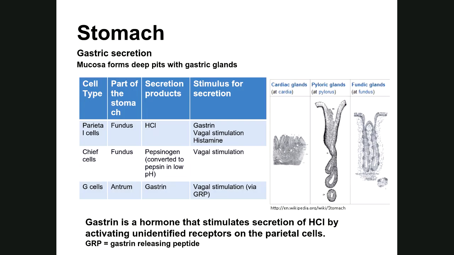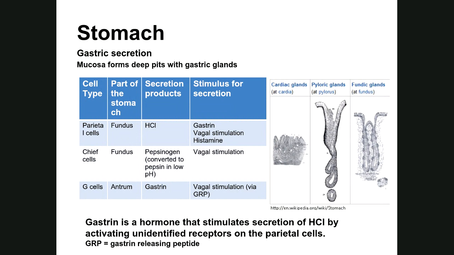Now some descriptions of the gastric secretions. We have specialized cells for that in those gastric glands. We have parietal cells. We find them in the area of the fundus of the stomach.